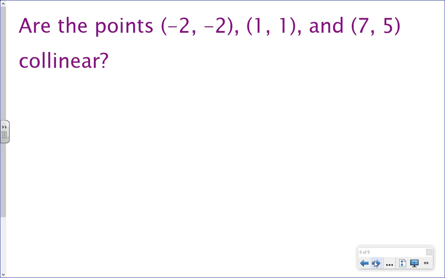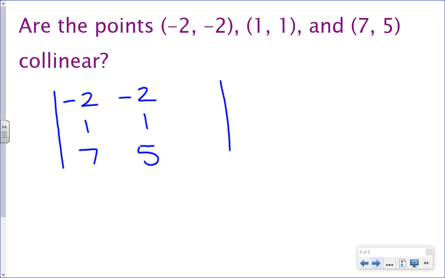So you have these coordinates written down. What I would write in my notes are those 3 coordinates and "collinear?" so you know what we're testing for. I'll put in the 3 coordinates with a column of 1s.